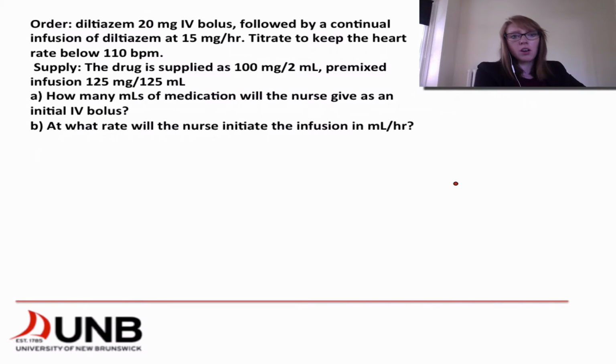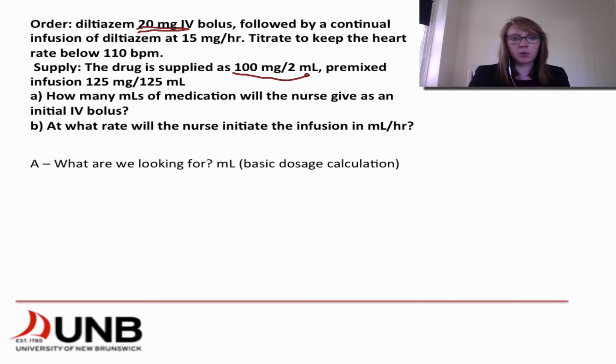So since we're looking for the bolus in part A, we can come back up here and we see that we want to give a 20 milligram IV bolus. And we know we're not going to be using our premixed infusion because that is for the infusion. So we know that this is going to be our supplied drug, 100 milligrams in 2 mL. So that's the first thing that we have to do. We're looking for mL, so we're doing a dosage calculation here.